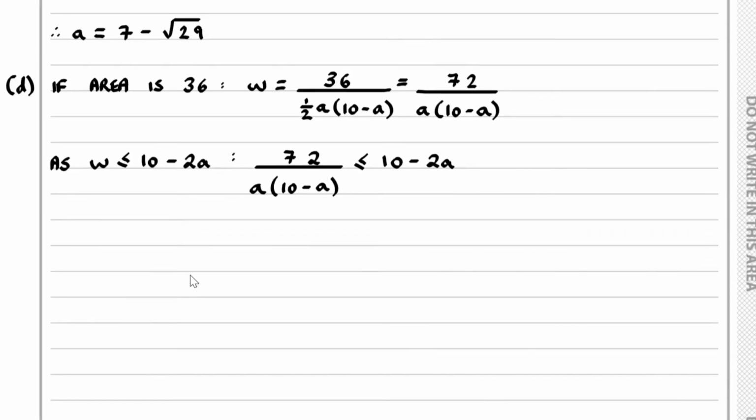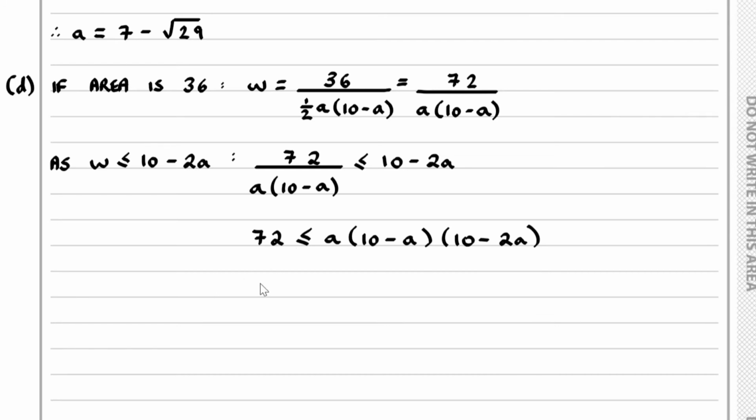So we have 72 being less than or equal to a multiplied by 10 minus a multiplied by 10 minus 2a.